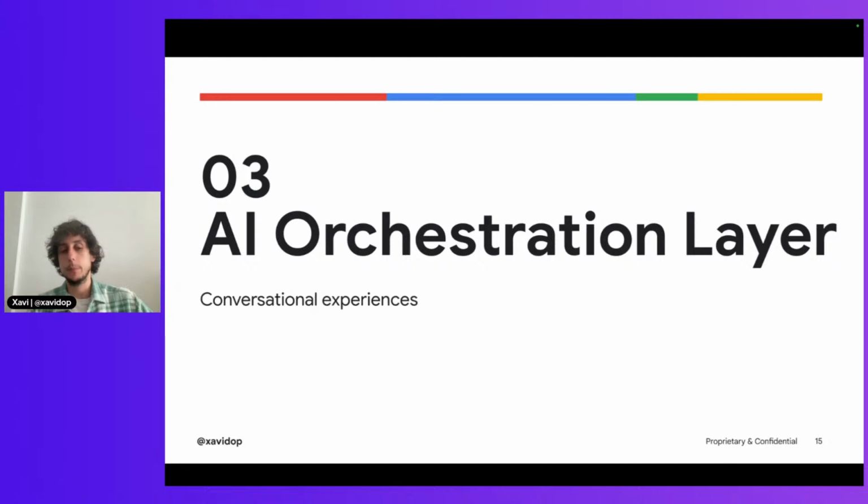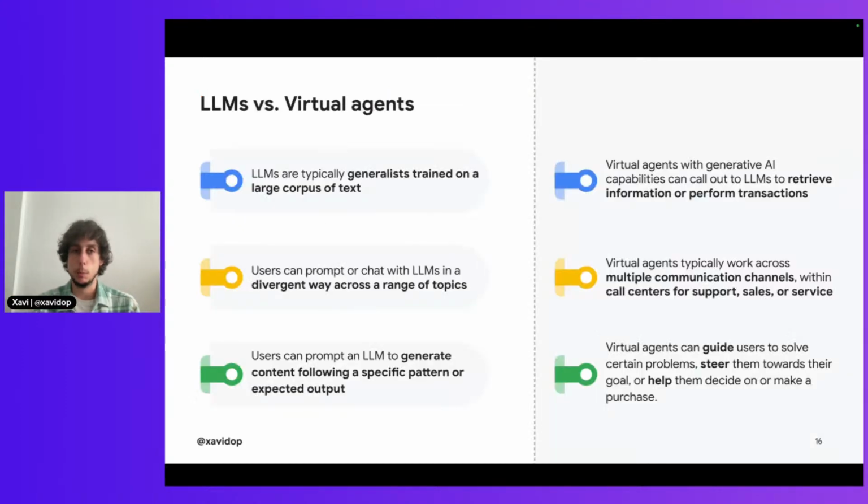That works for something like a frequently asked questions bot, which we can easily build with the first and second layers. But when we want to build something like a bank assistant, a bank agent, that is not enough. For that, we will need an AI orchestration layer to create those conversational experiences.